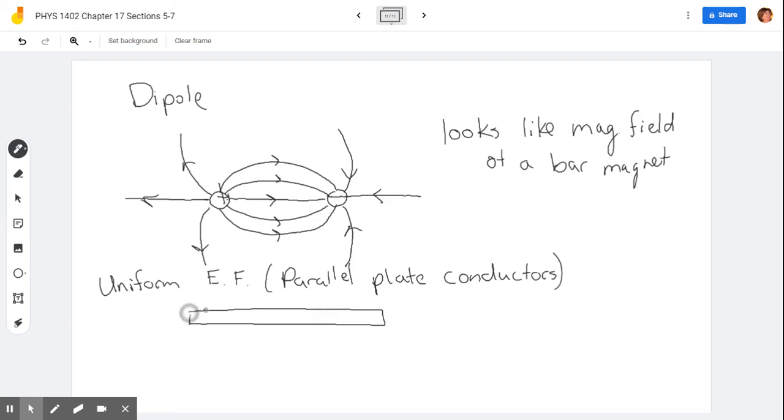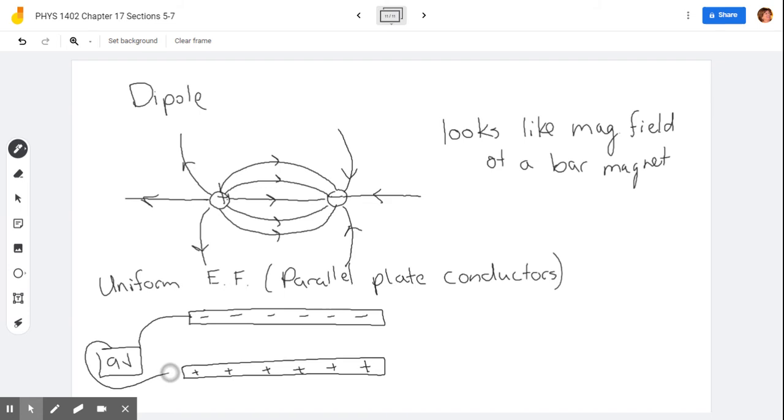I'm drawing them horizontally to save space, but they often are drawn vertically. I think last time I let the top plate be positive, so I'll let the top plate be negative this time. This one will be positive, and you may say, well, how do you generate 2 equal oppositely charged plates? It's really simple. All you really need is a 9 volt battery, and you hook the negative terminal to one plate, and you hook the positive terminal to the other plate, and you'll get oppositely charged plates.